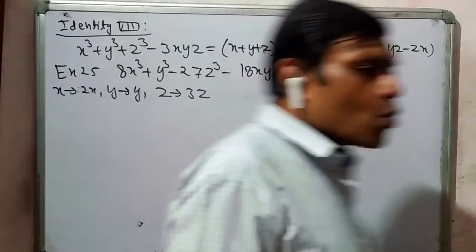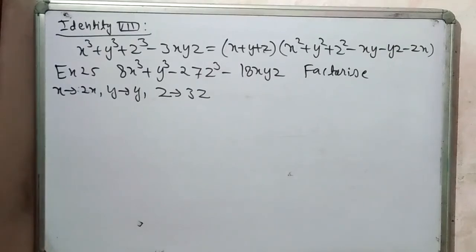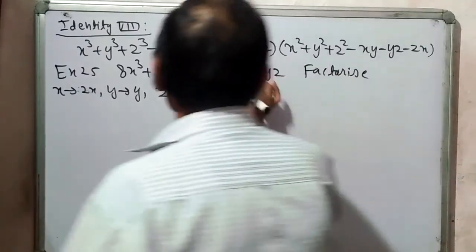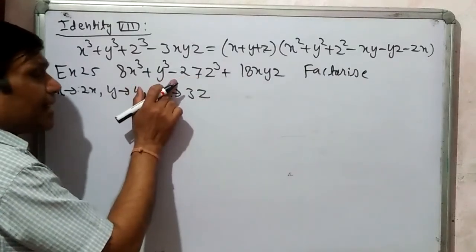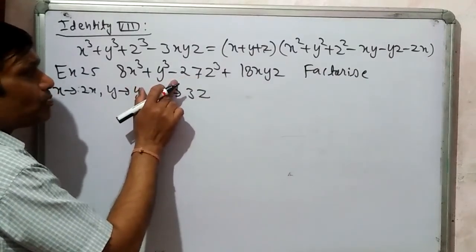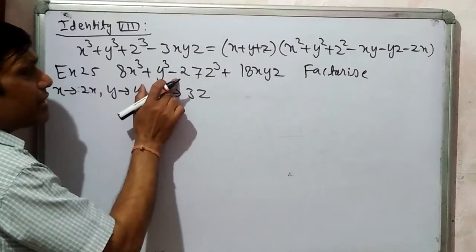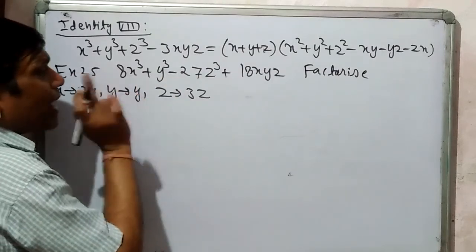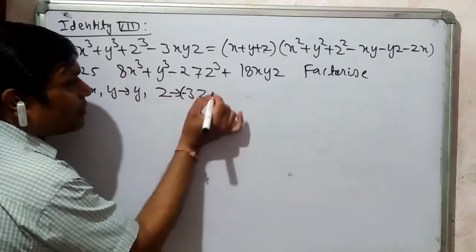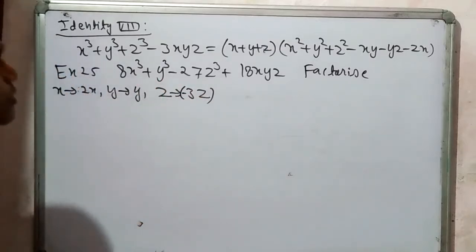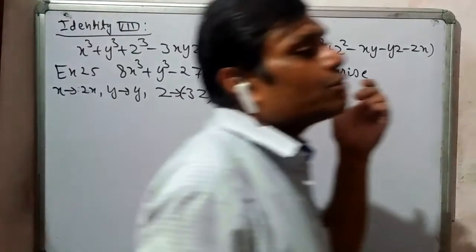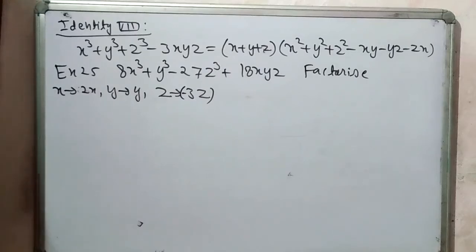One thing more is there. Since I have taken 27z cube as negative, the cube of minus 3z will be negative 27z cube. So in place of z, I have to use minus 3z.